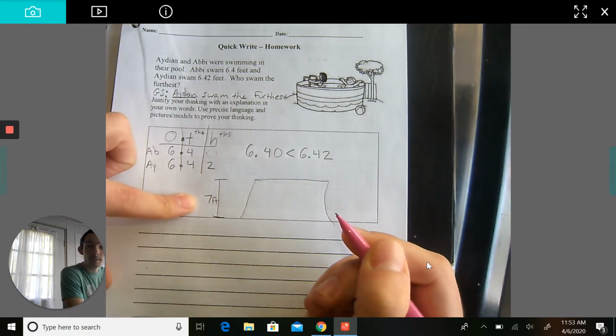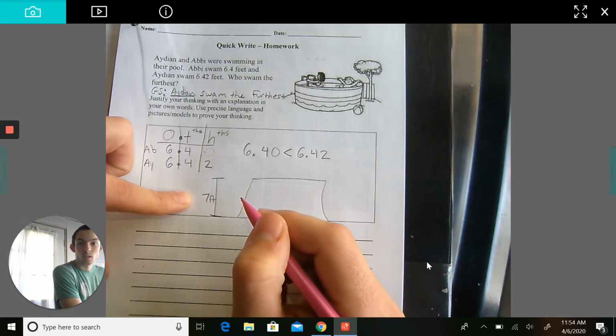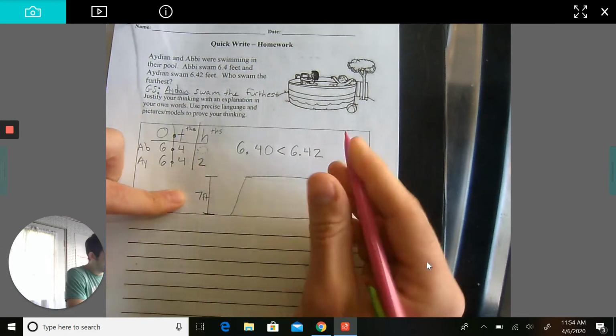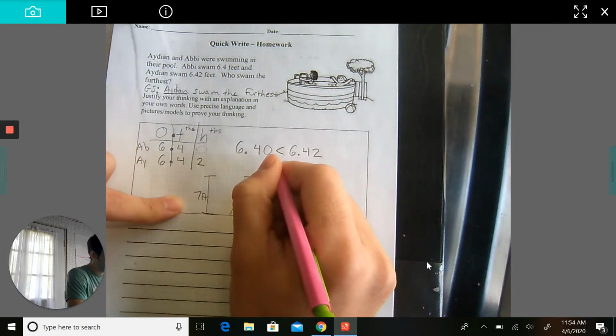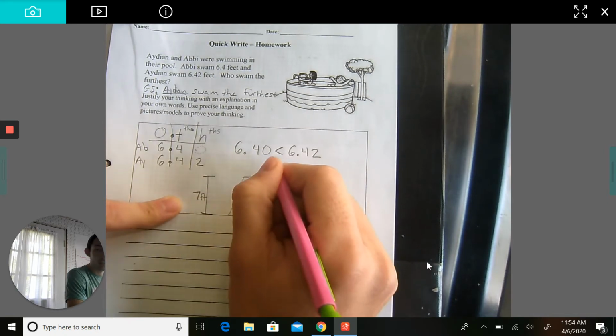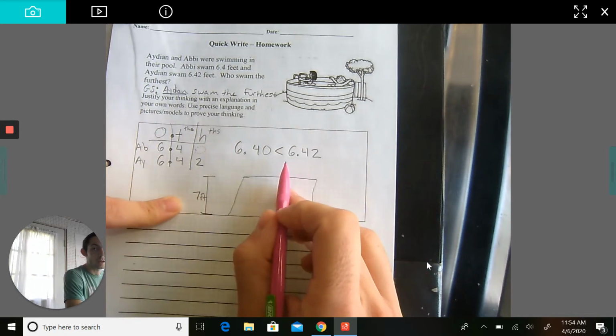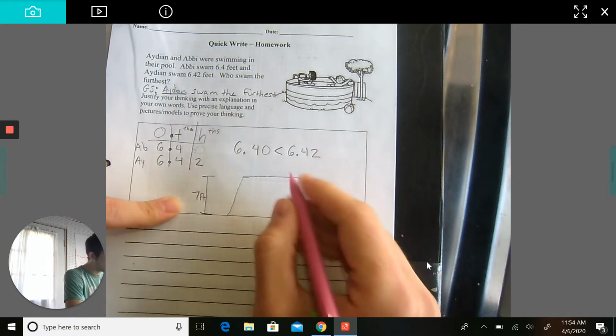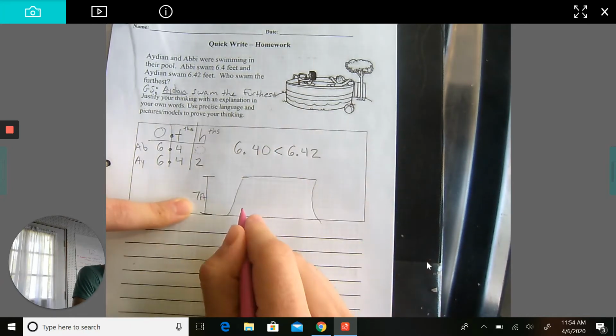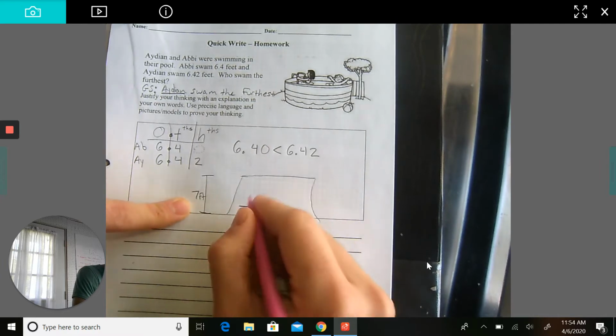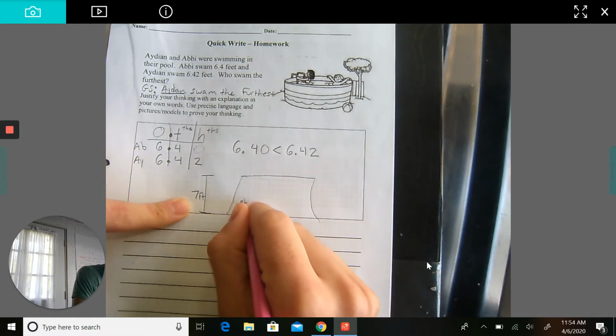Okay? So, if we're talking about maybe to the bottom of the pool, Abby swam 6.40, Aiden swam 6.42 feet. Maybe 6.40 is about right here with Abby.